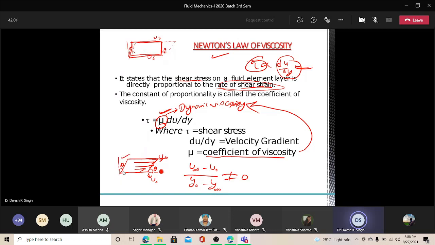So a deformation comes into the picture, and that's why it is sometimes called shear strain. Shear is basically due to the parallel nature, because the shear force acts parallel here. So this is your Newton's law of viscosity.